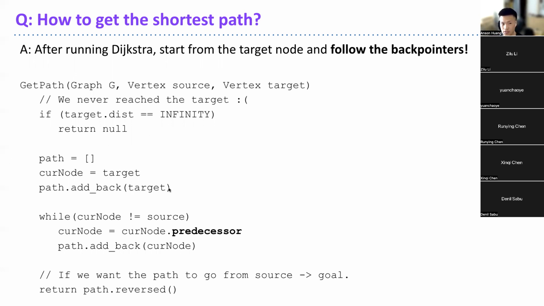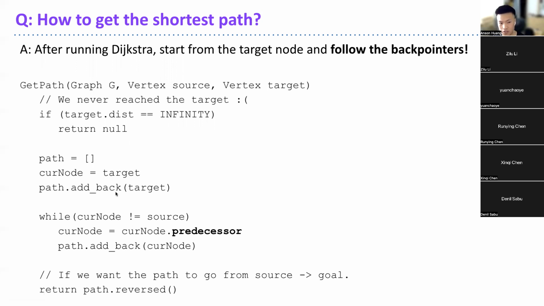And this is what the pseudocode is modeling. If we've never reached the target, meaning the target distance is infinity, then we return null because there is no path available between the source vertex and the target vertex. And again, node and vertex are used interchangeably. And right here, we're just keeping track of the path and the current node.